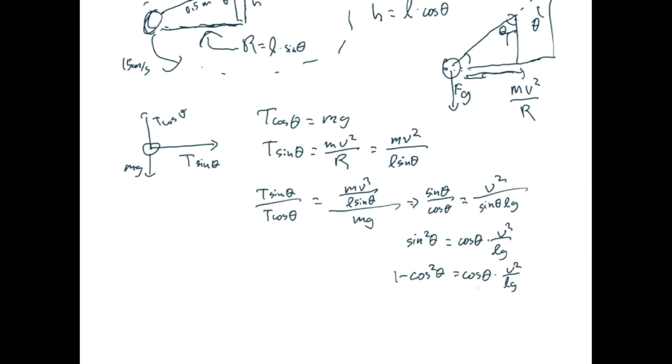And then this is just a quadratic in cosine theta, and we can solve it for cosine theta, and then arc cosine it to get theta, and then plug it all back in. And that's the way I did it.